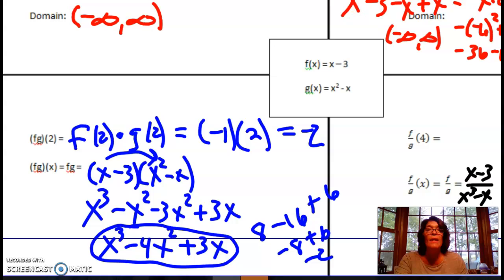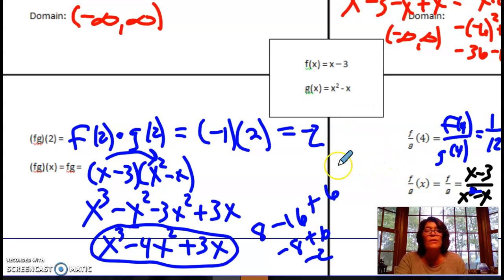Again, I would just take f of 4 and divide by what I get when I take g of 4. f of 4 is 1. g of 4 is 16 minus 4, or 12. So you get 1/12. And I notice if I put 4 in here, I get 4 minus 3, 1 over 64 minus 4, yeah, 12.